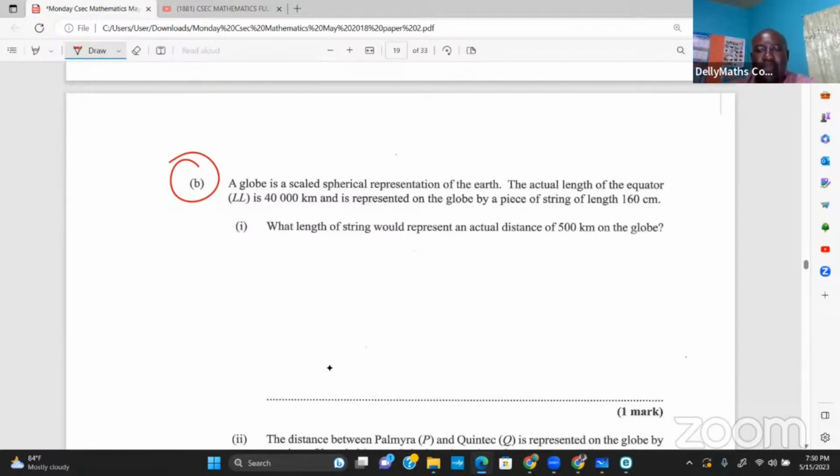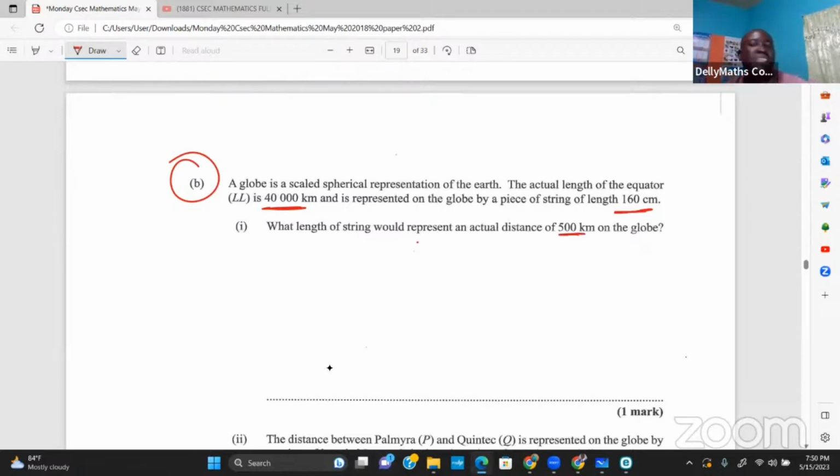The actual length of the equator is 40,000 kilometers, and it is represented by a piece of string of 160 centimeters. So we're dealing with a globe, using a string on the little globe and what it really means in reality. The question says, what length of string would represent an actual distance of 500 kilometers on the globe?